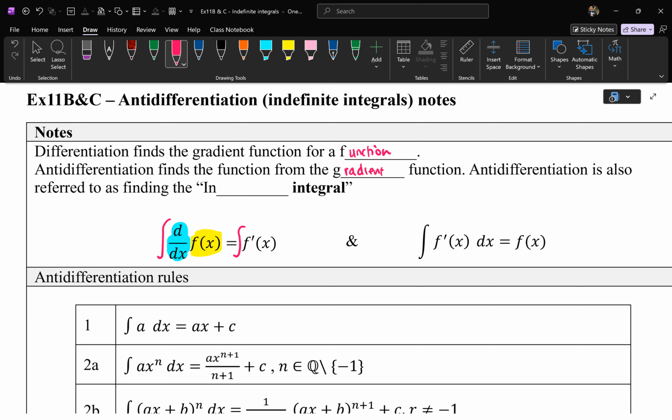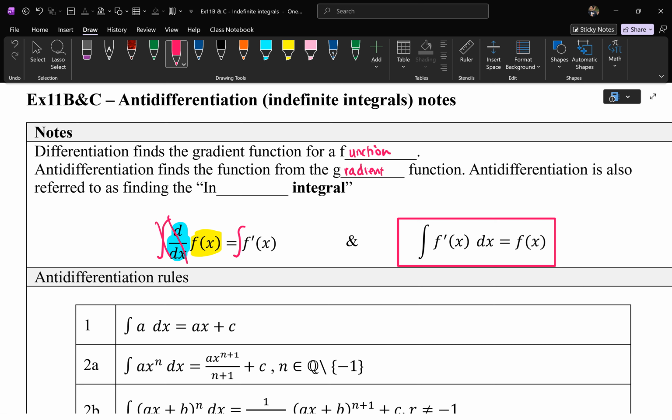So the antiderivative and the derivative are opposites of one another. This is why when we antiderive the derivative, it equals f of x. So when you antiderive a derivative function, going the opposite direction, you're essentially getting your function.